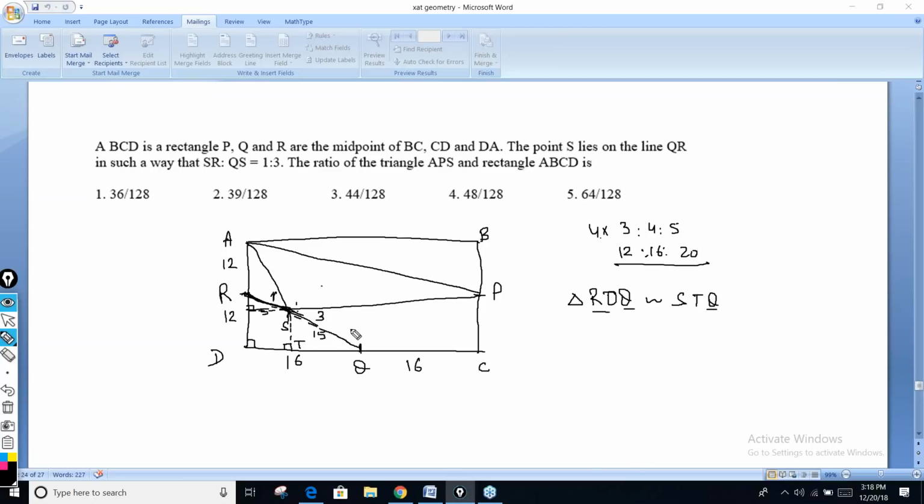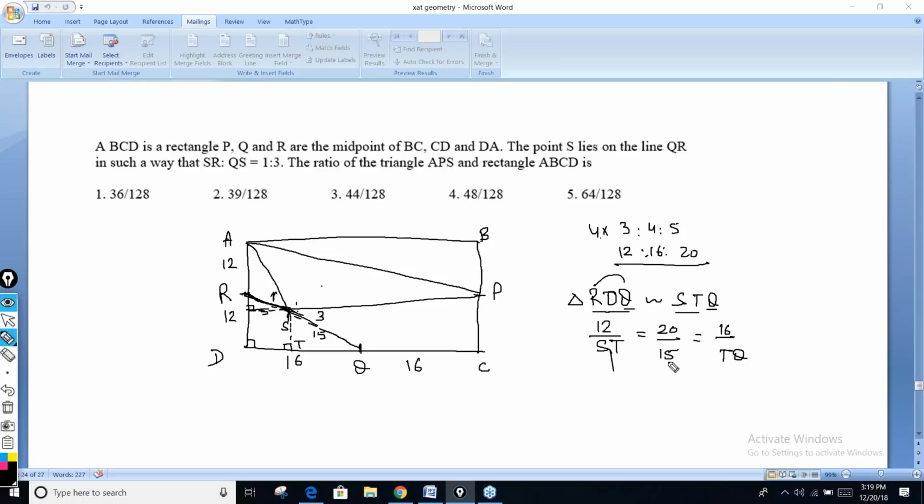RD we know is 12. ST we do not know, we need to find the value of ST. RQ we know is 20. SQ we know is 15. DQ we know is 16, and TQ we do not know.